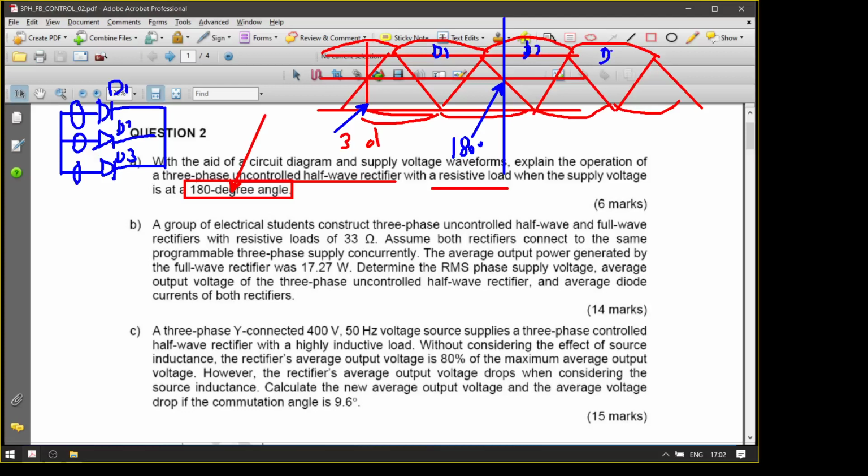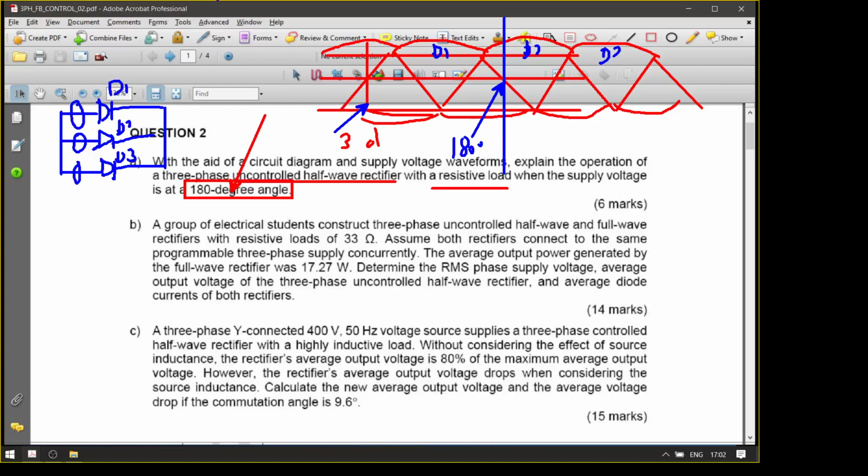So you can say that at 180 degrees, the highest voltage for the diode is at the yellow phase, the diode experiences the highest positive voltage, and therefore diode 2 will be turned on and diode 1 and diode 3 will remain off. So the output voltage will follow the supply voltage of the yellow phase.